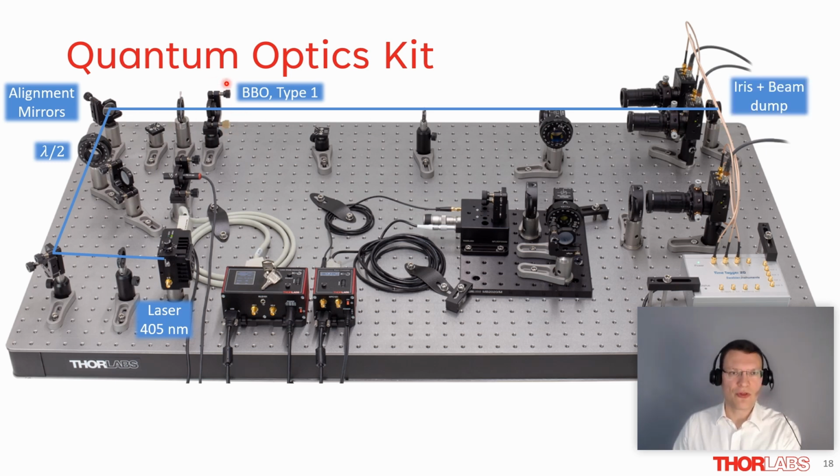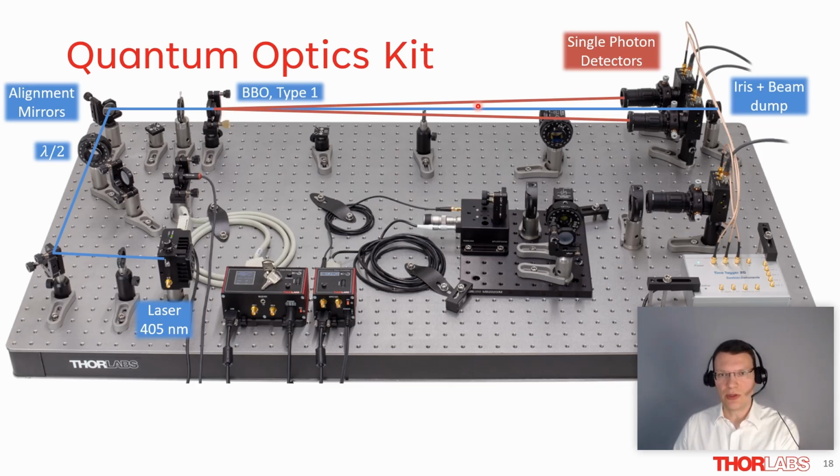As we said before, the photon pairs are generated in the crystal, so we collect them here with two single photon detectors. For some experiments, we introduce a beam splitter and guide the light, for example, to this Michelson interferometer, at the output of which there is a third detector. All of the data correlation measurement is done through an education grade time tagger.